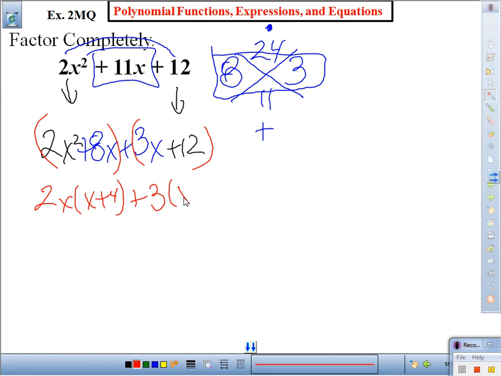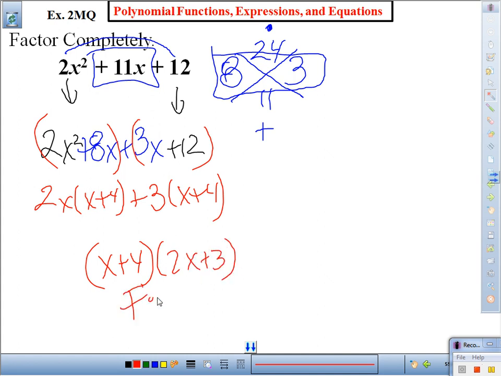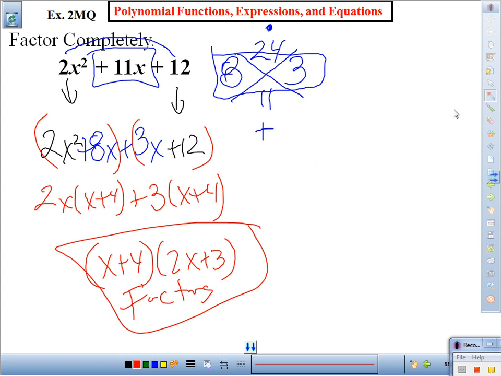GCF for these two is 3. We're left with x plus 4. Factors are x plus 4, 2x plus 3, and these are my factors. So we got this, yeah? All right.